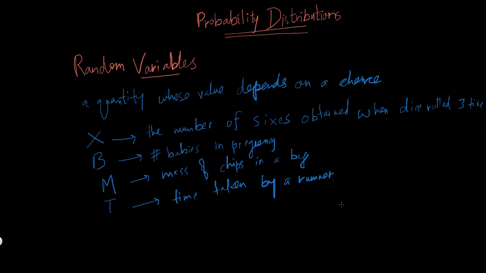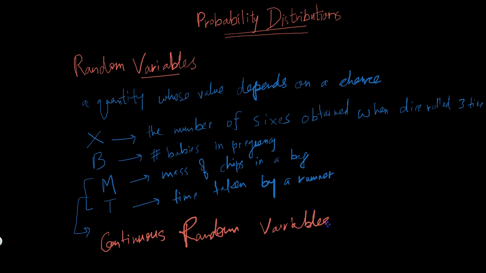So that's why M and T here are continuous random variables.